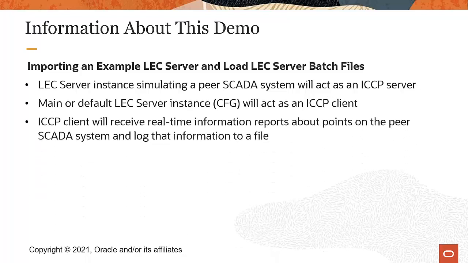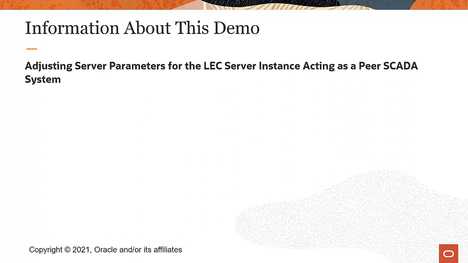The ICCP client will receive real-time information reports about points on the peer SCADA system and log that information to a file. Finally, I'll show you how to adjust the server parameters for the LEC server instance acting as a peer SCADA system so you can run the two LEC server instances simultaneously on the same computer.